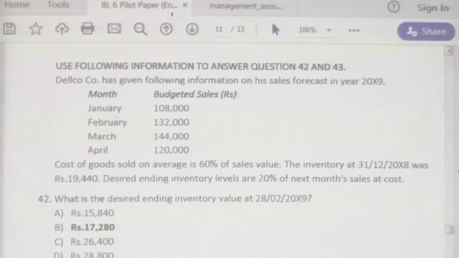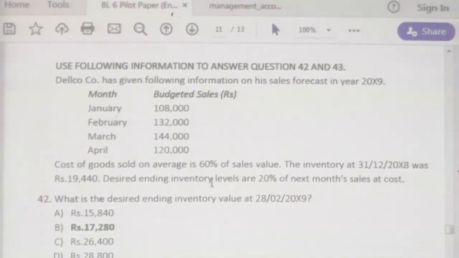The inventory at the beginning of January 2019, that is the December 2018 end closing inventory, is 19,440. That should be the opening inventory of January.